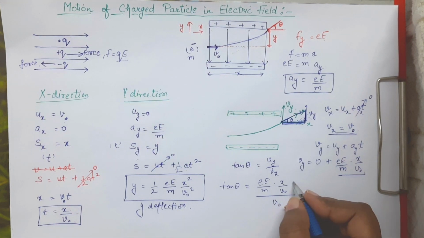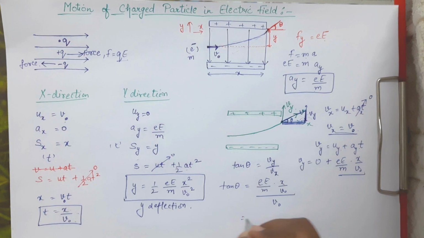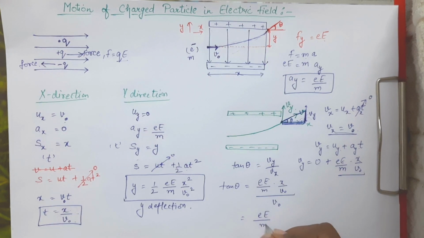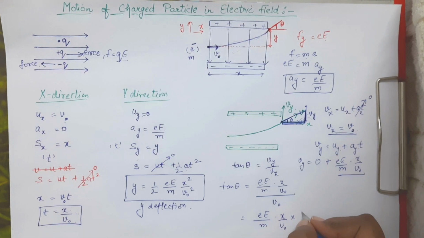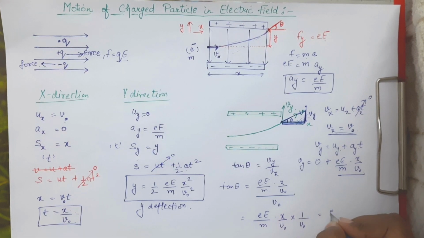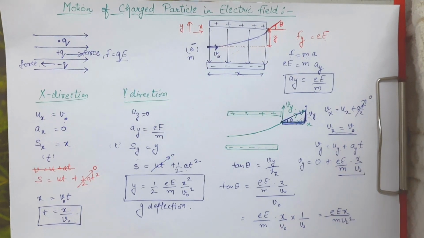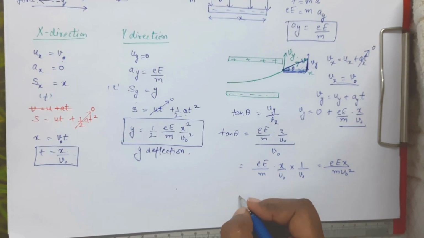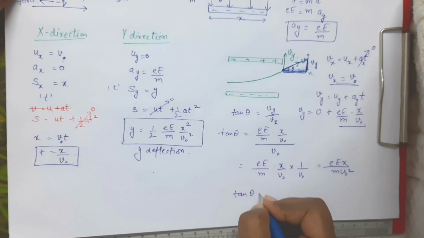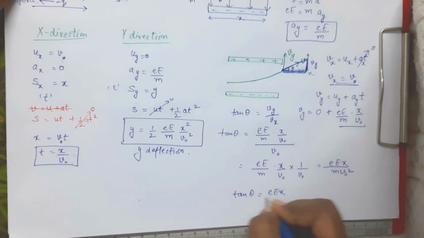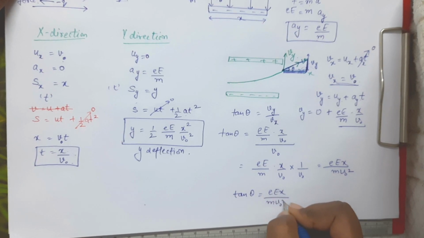So v naught goes up and becomes 1 by v naught. So we will have e by m into x by v naught multiplied by 1 by v naught. So it will be ex by m v naught square. So we have tan theta equals ex by m v naught square.